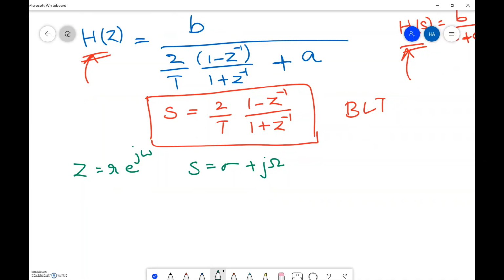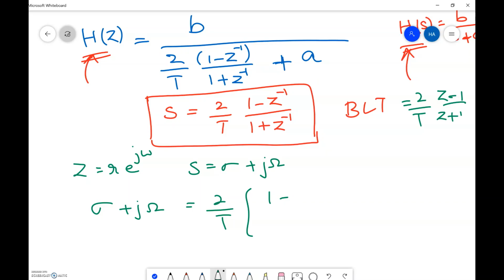What do we get? s is sigma plus j omega and 2 by t, okay, we can write this bilinear transformation in terms of z as (z minus 1) by (z plus 1). So that becomes a little easier for us to simplify. That can be written as r e to the power j omega minus 1 by r e to the power j omega plus 1.